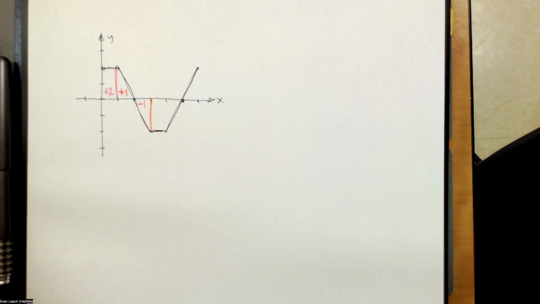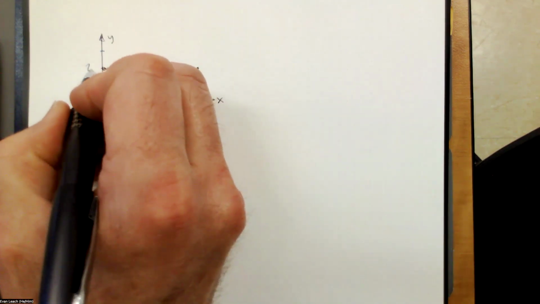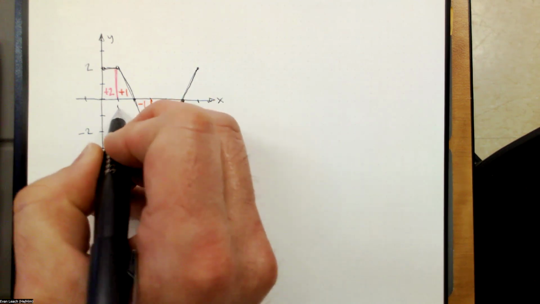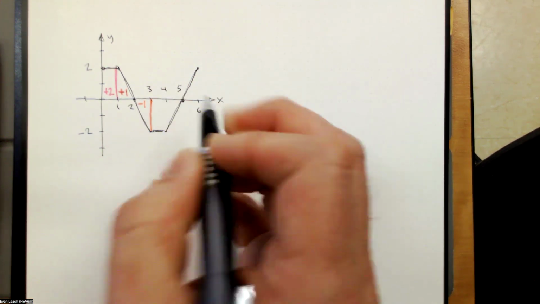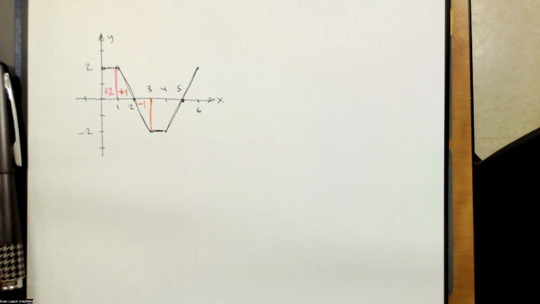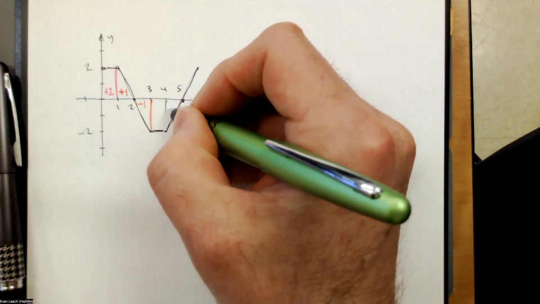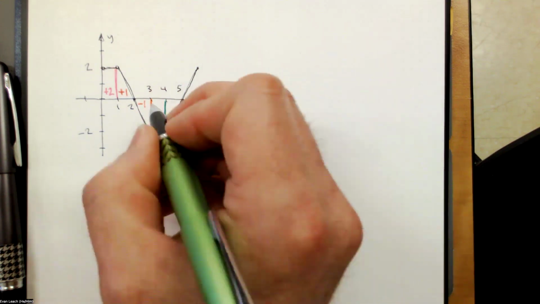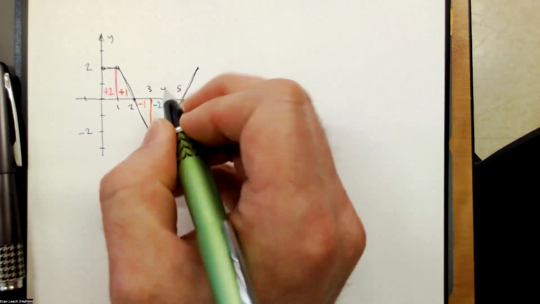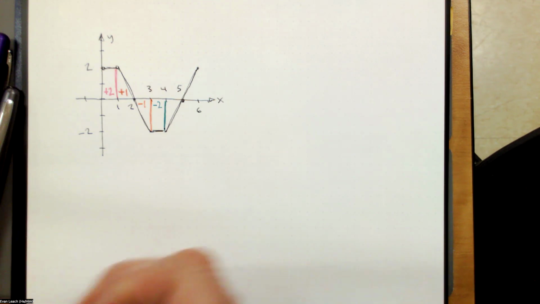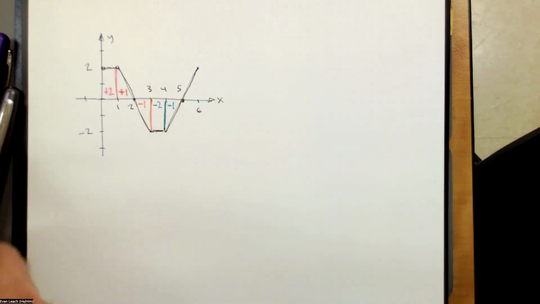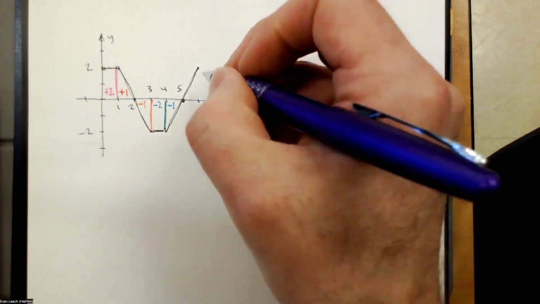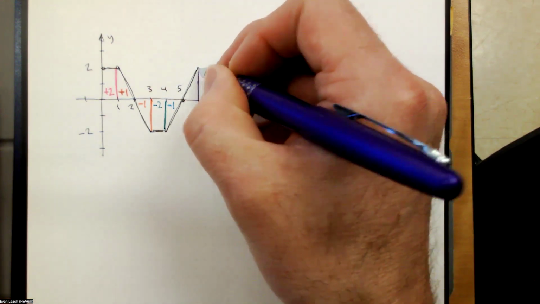The area is -1, 2, 2. So area below is negative area, area above is positive area. And it's just a bunch of rectangles and triangles. Or if you're skipping steps, trapezoids.